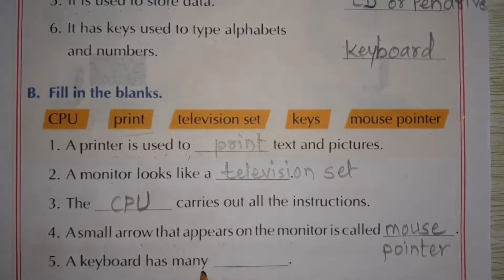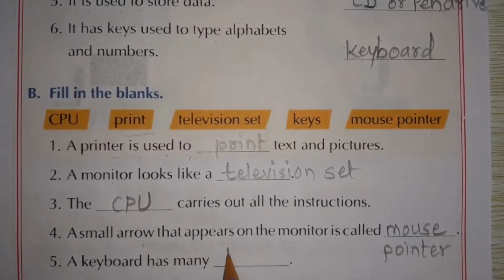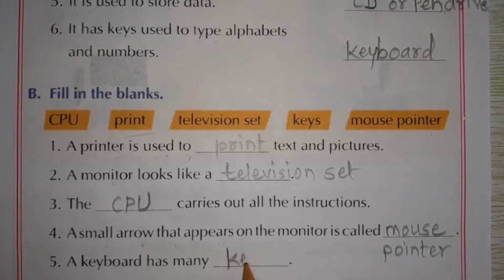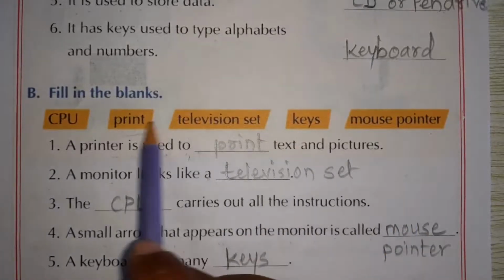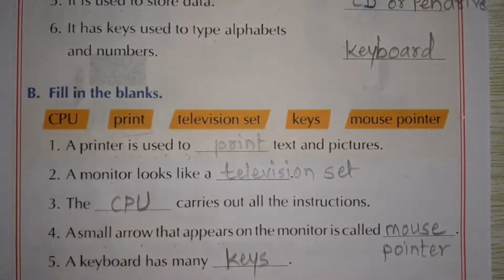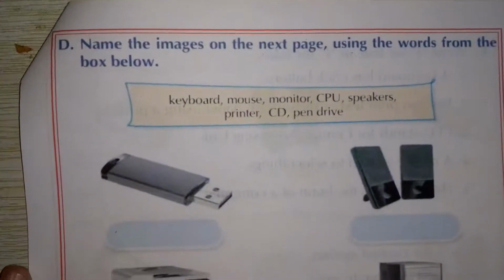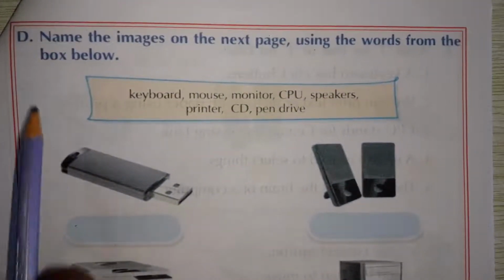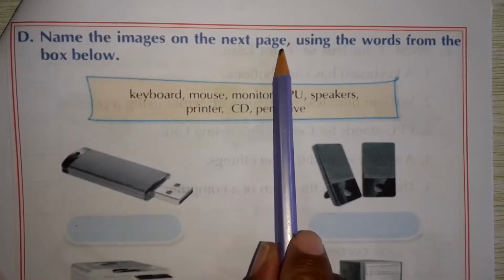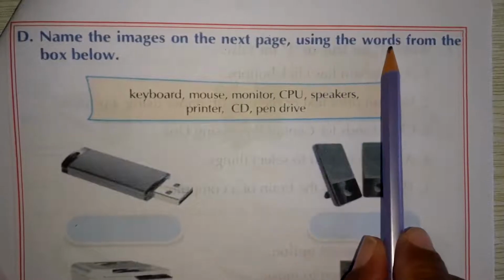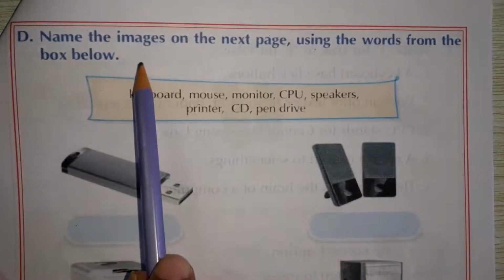A keyboard has many keys. In this way you can solve the fill in the blanks. Understand? Very good. Now turn the page. On the next page, what is the question? Name the images on the next page using the words from the box below.